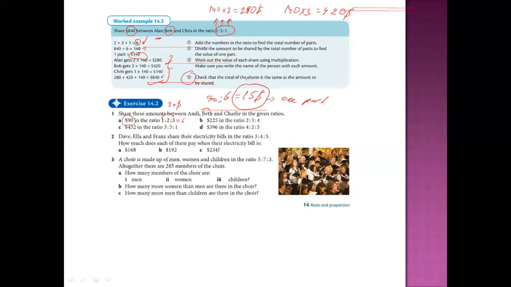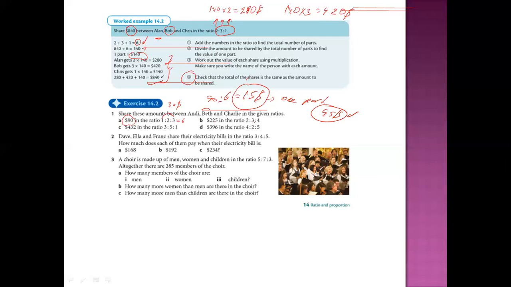And the last one is 3 times Andy, or 3 times 15, which is $45. So if you write in order, first $15, secondly $30, and the last one $45.